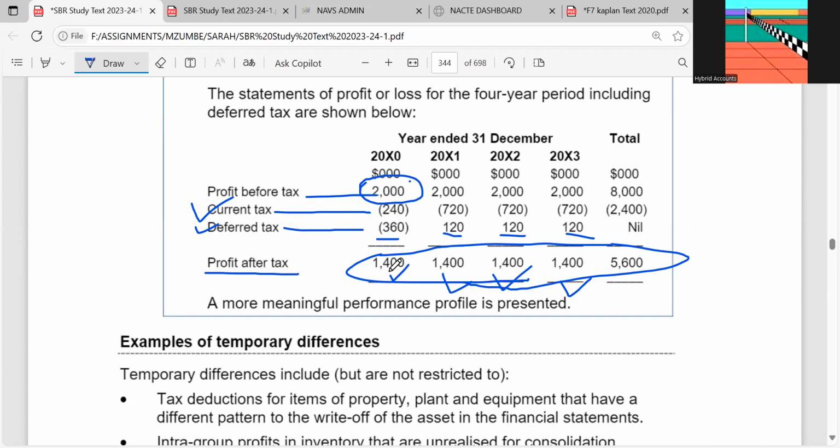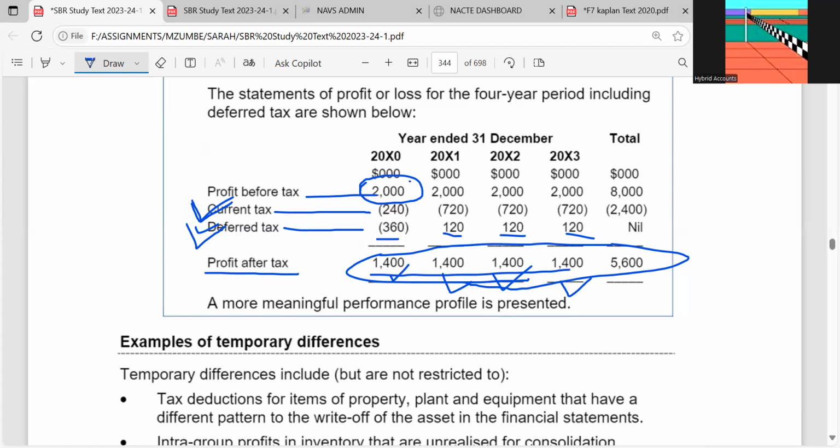But now you wouldn't be able to know how much comes from the current tax effects and how much comes from the deferred tax effects. So it shows you how deferred tax helps. A more meaningful performance profile is presented, right? Initially, you had 2,000, and even after deducting tax, you should have had the same profit after tax, and you see they are the same, 1,400.